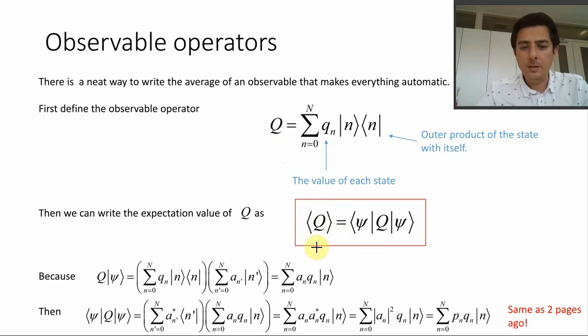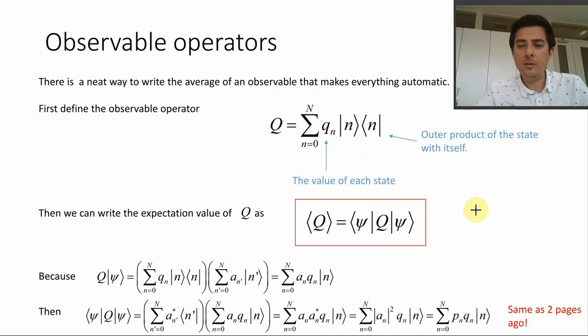The left-hand side is just my notation for the average, so just read that as average value of Q. And that happens to be equal to this particular combination of conjugate and state vectors with this newly defined operator Q. So basically, it is the conjugate vector psi multiplied by this operator that we just defined, Q, and then multiplied by the state.